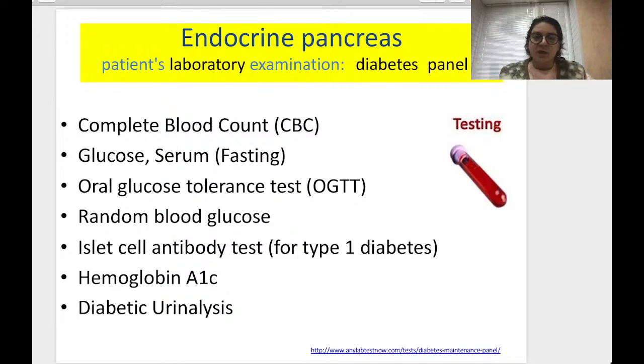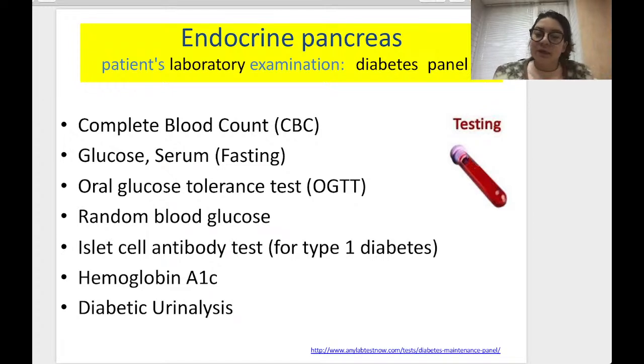We use it for diagnosing diabetes mellitus type 1. When you read at home, or maybe somebody remembers from pathophysiology, type 1 diabetes is an autoimmune disorder with autoimmune attack against beta cells. That's why to confirm the presence of type 1 diabetes mellitus, we should find islet cell antibodies.